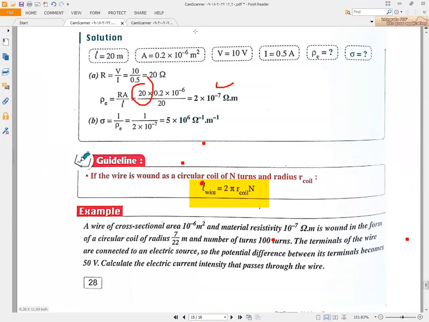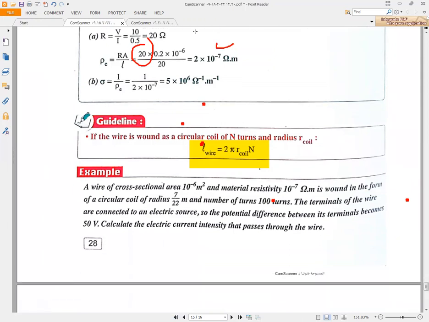We have an example. A wire of cross-section area equal to 10 to the power negative 6 meter square, and the material resistivity is rho E, the electric resistivity, is wound in the form of a circular coil of radius equal to 7 over 22 meter.